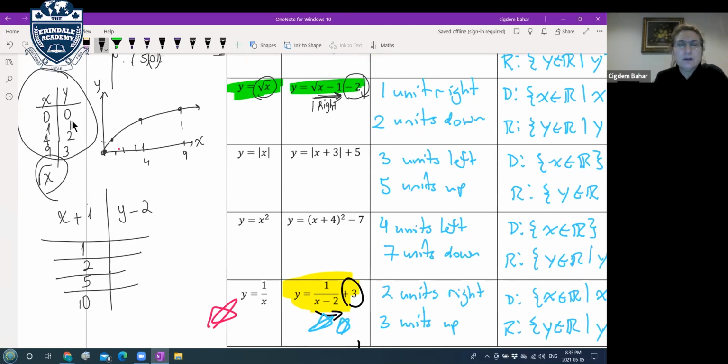Now take all y values and shift 2 down. 0 minus 2. 1 minus 2. 2 minus 2. 3 minus 2. Now plot these numbers.